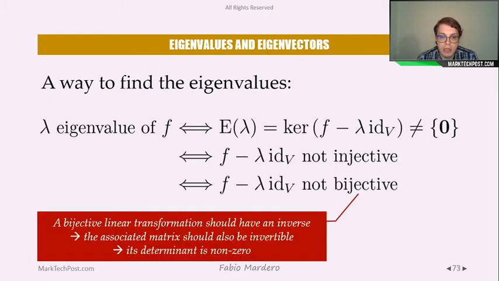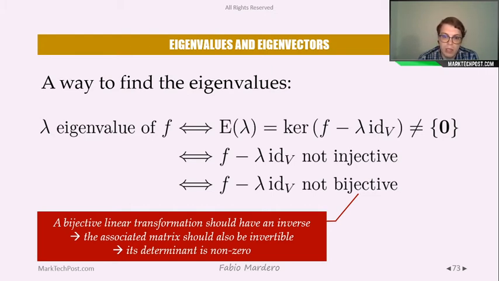But a bijective linear transformation should have an inverse, of course, thanks to the injective property. So if the bijective linear transformation has an inverse, we can associate a matrix that is invertible. The transformation matrix should also be invertible.